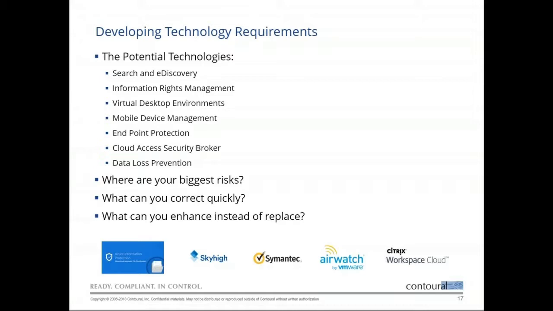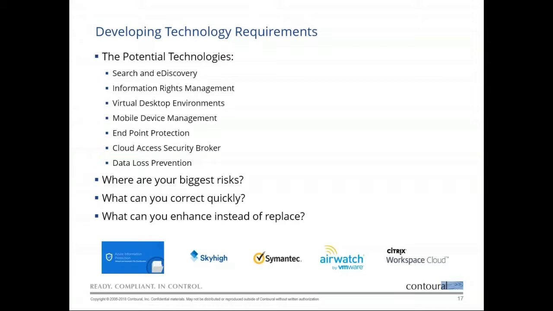Now, I've got a lot of technologies here. I don't just go out and buy technologies, though. What I look at is my requirements. Where are my biggest risks? Where am I going to get in the most trouble? What can I fix quickly? And what can I enhance instead of replace? In a lot of cases, this technology may already be available to you.